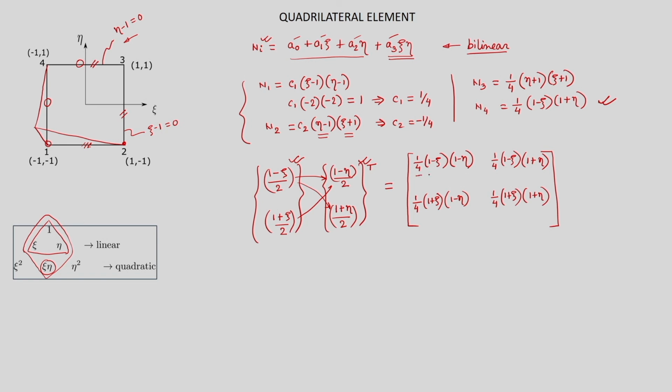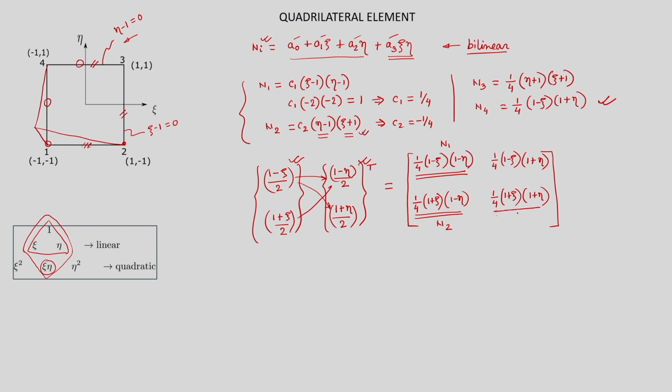So, this is basically n1, alright, in our view this is n1. This, (1 plus xi) into (1 minus eta), is basically our n2, alright, this one.